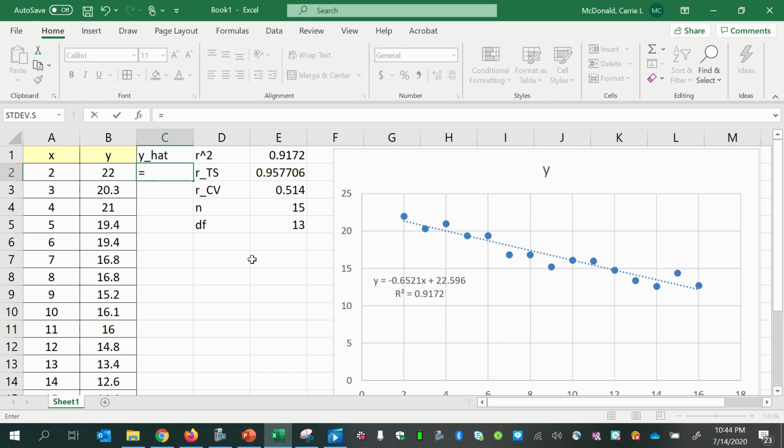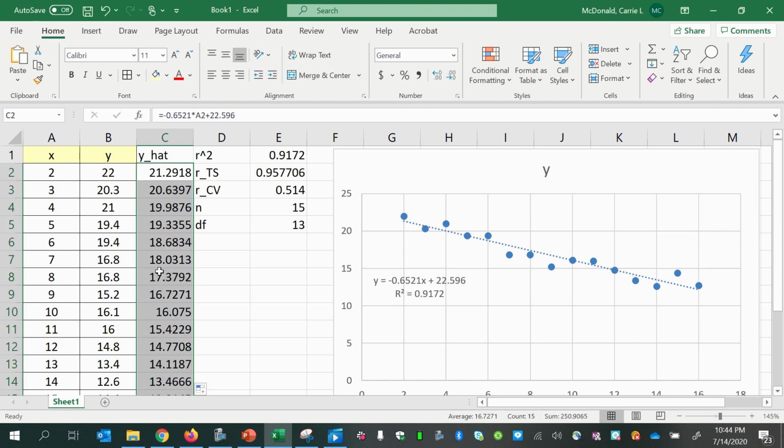To do this, we would need the slope, negative 0.6521, times the x value in that row, plus the y-intercept, 22.596. You can copy that formula down and get all your estimates right then.